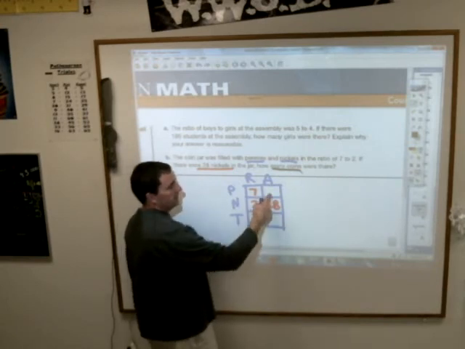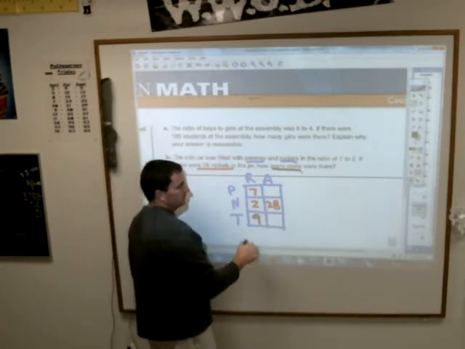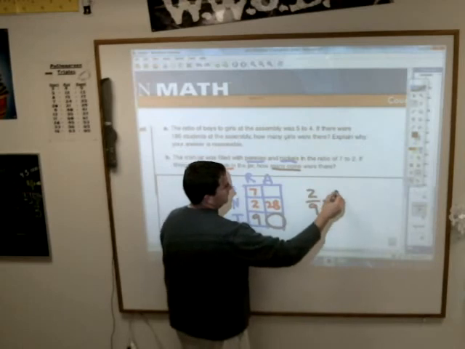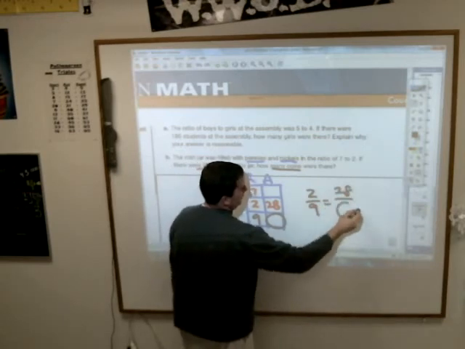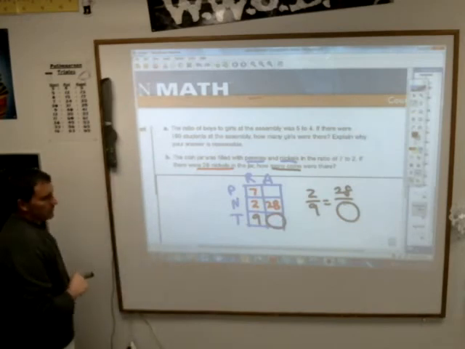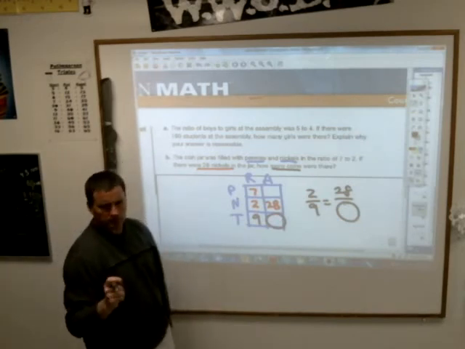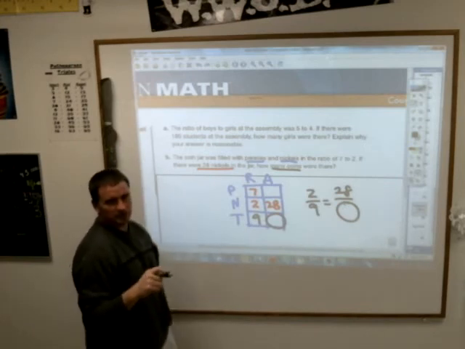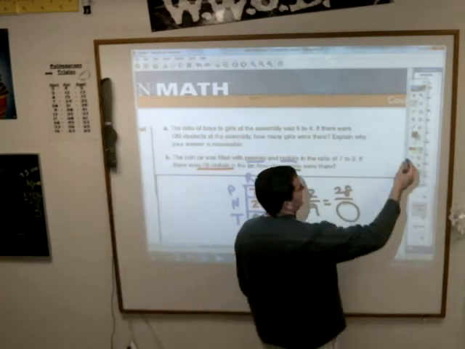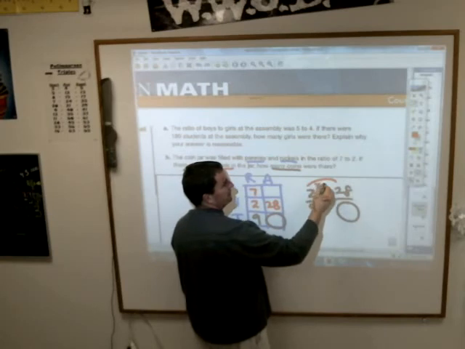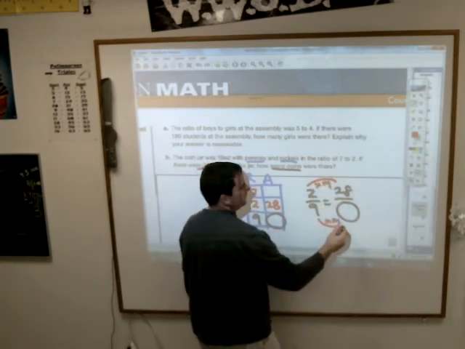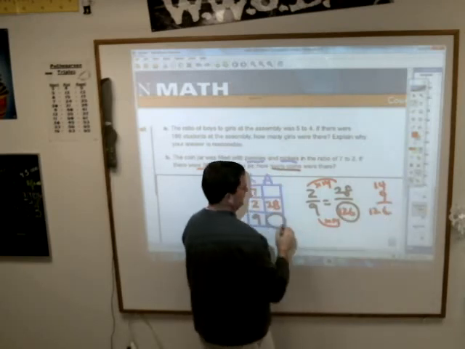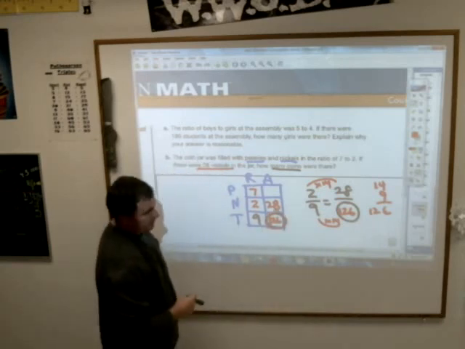B. So there's my box that I need to know. 2 over 9 equals 28 over what number? 2 times 14 is 28, so 9 times 14, you might actually have to do that on paper. 14 times 9 is 126. 126 total coins there.